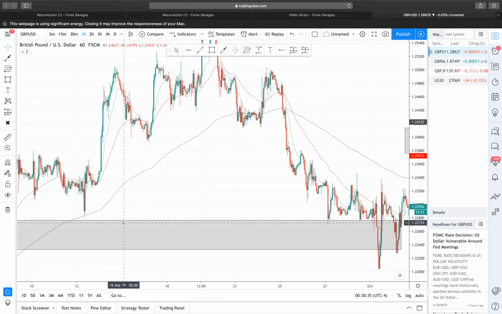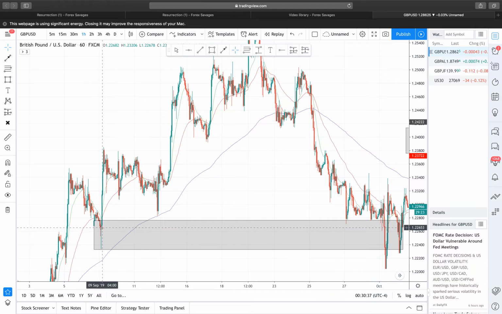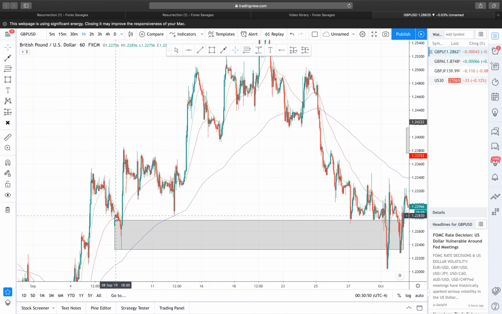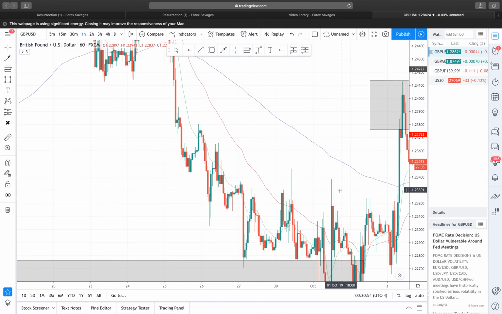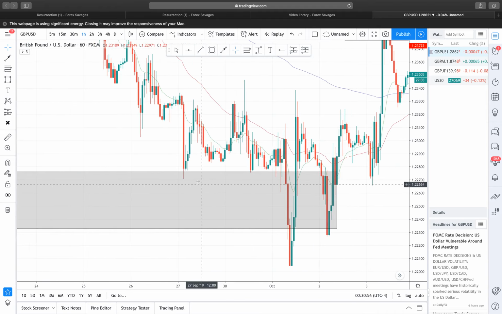This is a demand zone from a very, very long time ago. Literally September 9th, and it got touched again 2 to 3 weeks later. On our 4 hour, this was our demand zone, and as we got closer to it, we had a nice little kiss and rejection.